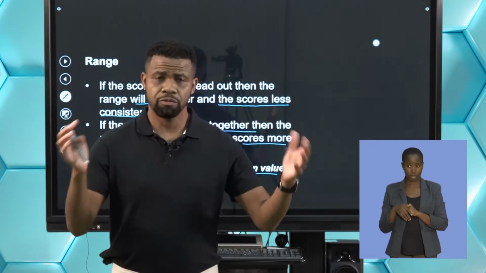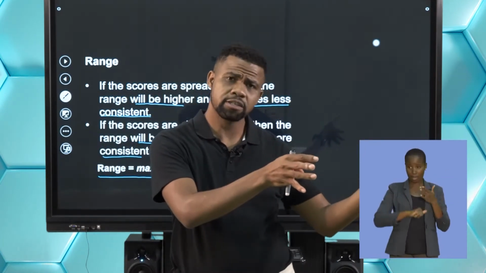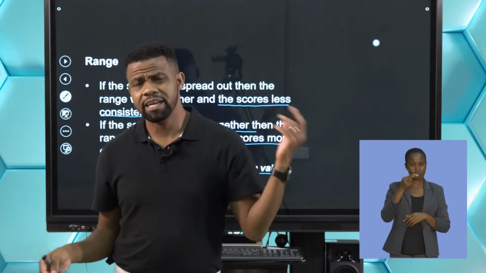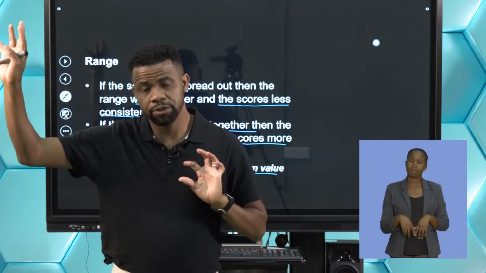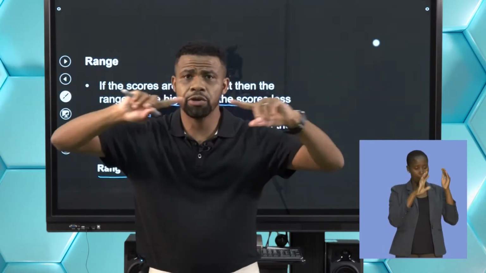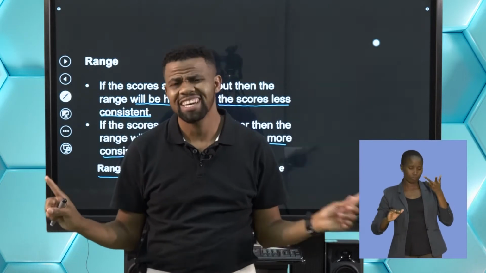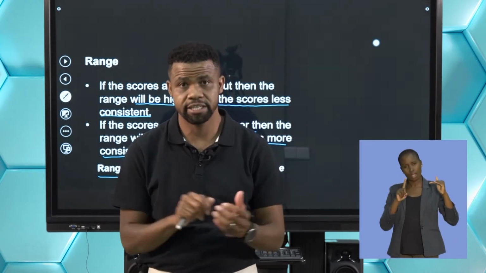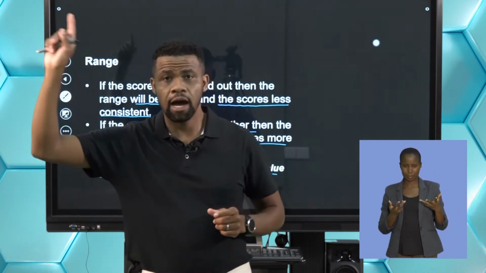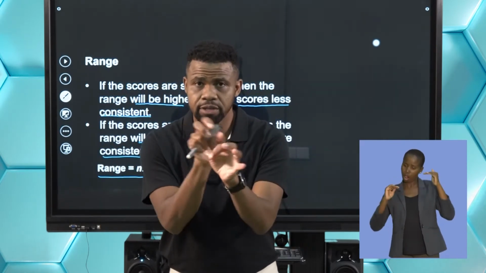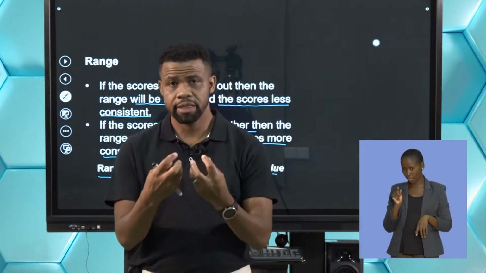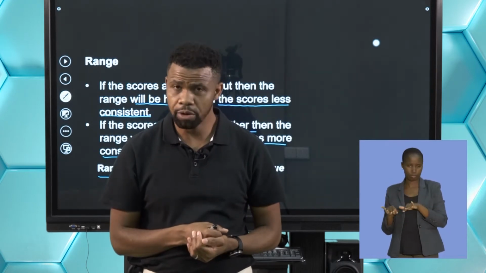The highest value minus the lowest value: if there's a huge gap between the two numbers, that tells us inconsistency with that kind of data. But if the gap is smaller, there's some consistency with that data. Are we all together?